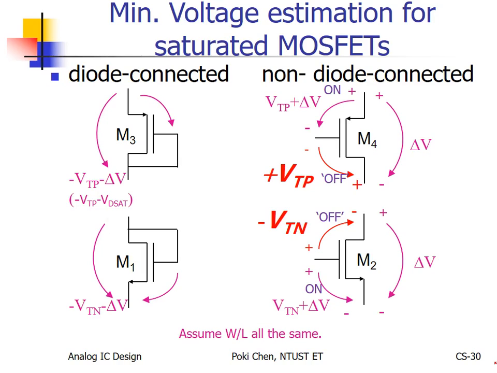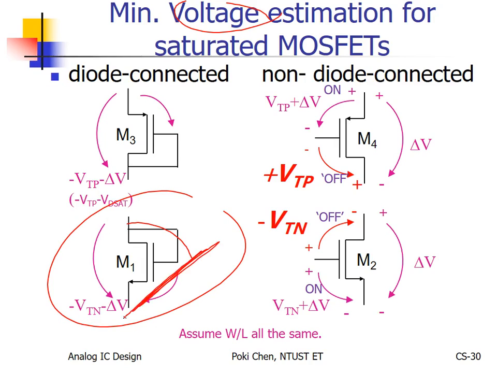Never mind diode connected or non-diode connected. If you would like them to operate in the saturation region, what is the minimum voltage you need to apply? For diode connected, I told you already. For NMOS, from VG to VS, you can be lower by 1 VT and 1 delta V. Got it?